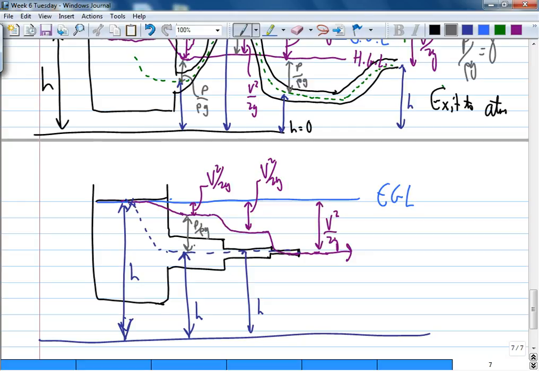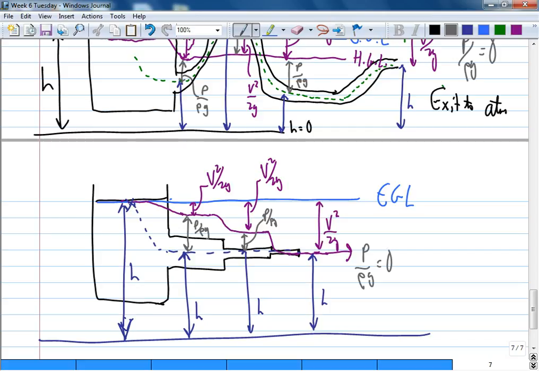So we still store some pressure here, and pressure is getting less. And at this point here, what happened to H? This is H, and P over rho G equals 0. So that's the energy grade line, the hydraulic grade line, the height, and that's different.